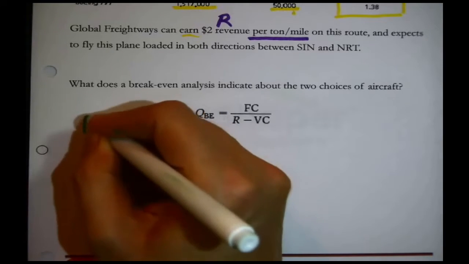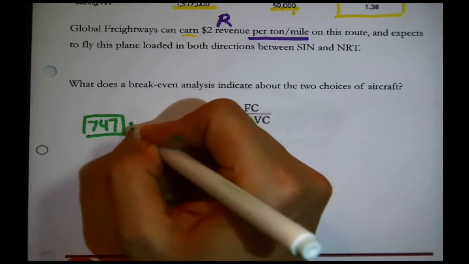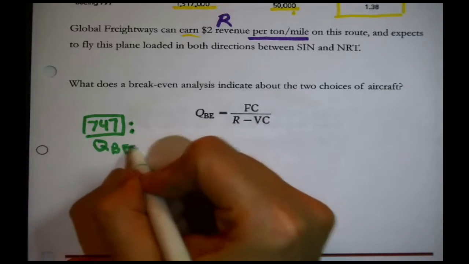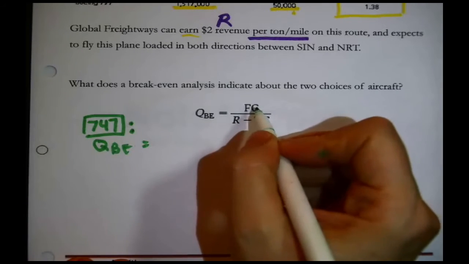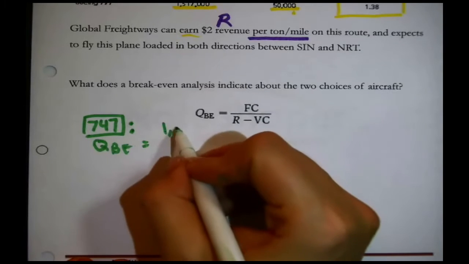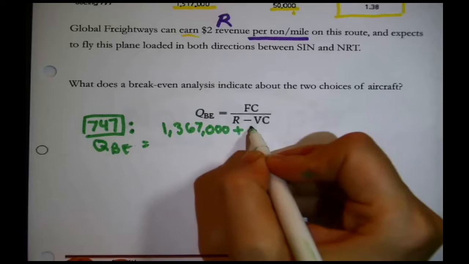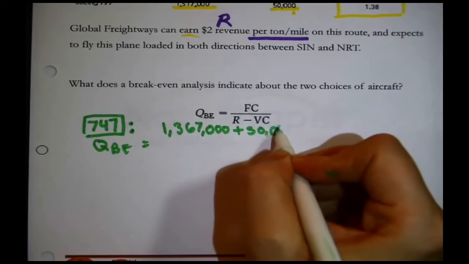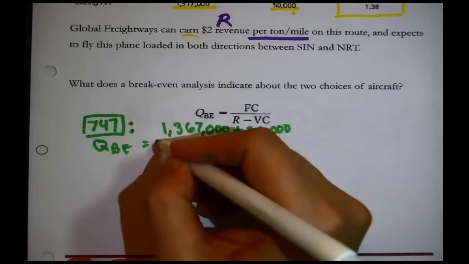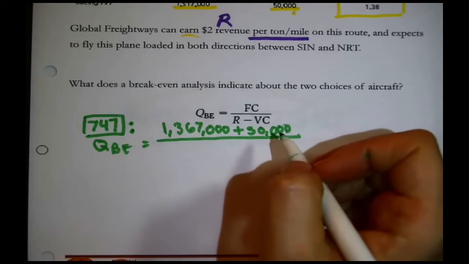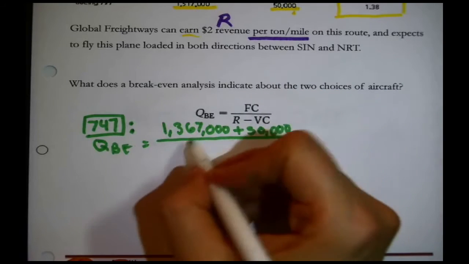747, scratch work. The quantity to break even is the fixed cost. The debt payment is 1,367,000 plus tack on that other $50,000. That's the actual overall fixed cost for the Boeing 747. Divided by revenue, it says can earn $2 per ton mile.